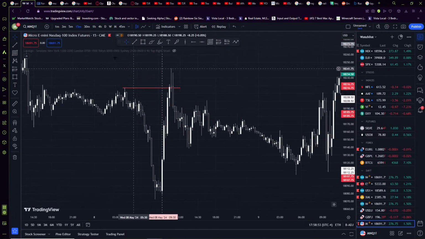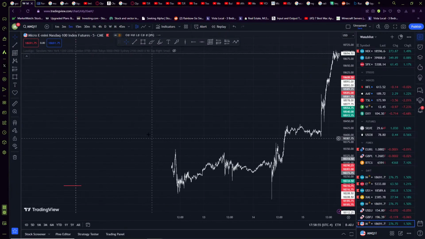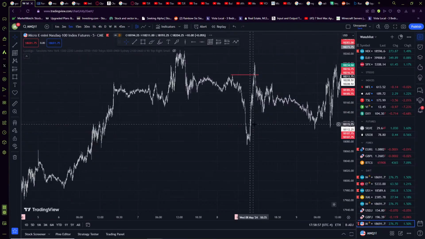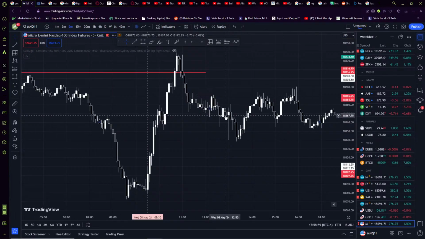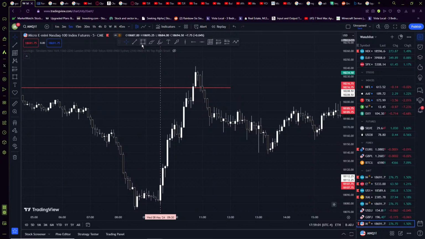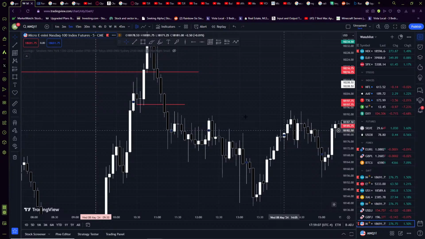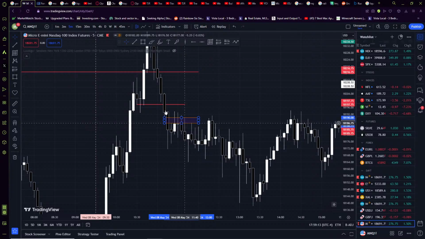Do we hit the draw of liquidity? What do we see? A break. And now we just wait for a confluence. Fair value gap.